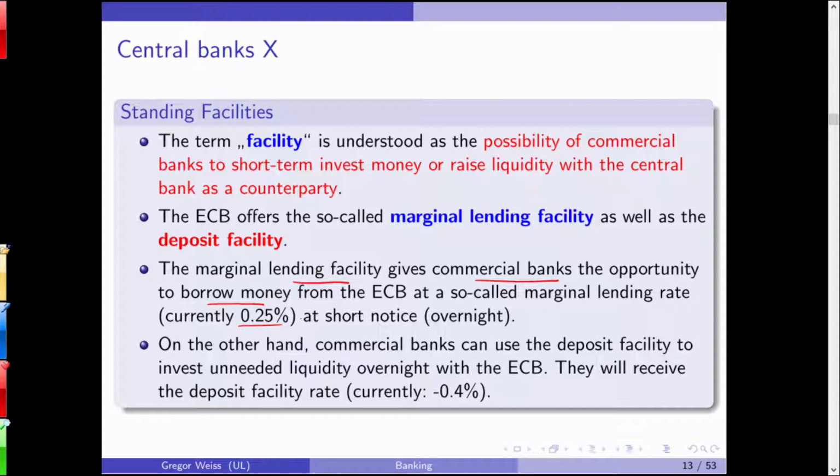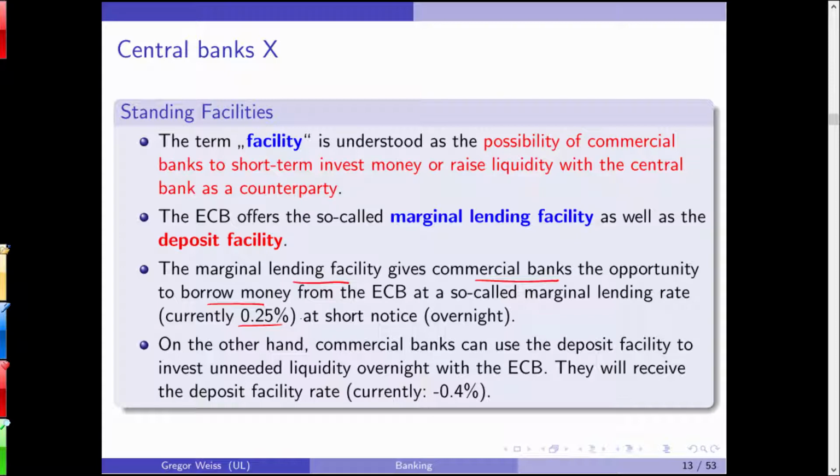And if, as a commercial bank, you have excess liquidity, you will have to pay 0.4% on each euro for the central bank to accept this deposit. So this is the negative interest rate everyone's talking about.